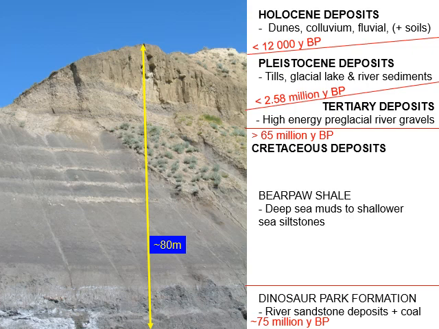And what we see is that in the Cretaceous period, which is older than 65 million years, which ended with the extinction of the dinosaurs, the Lethbridge area was a quite deep sea region where muds were deposited in the deeper parts of the inland sea at that time, the Bearpaw Sea, and that was interspersed with shallower conditions or sometimes stormier conditions that were depositing these lighter layers, which are silt or siltstone.